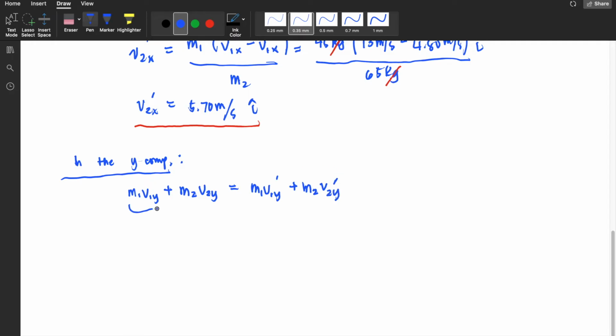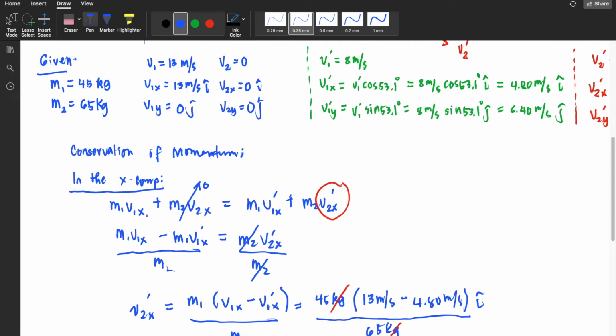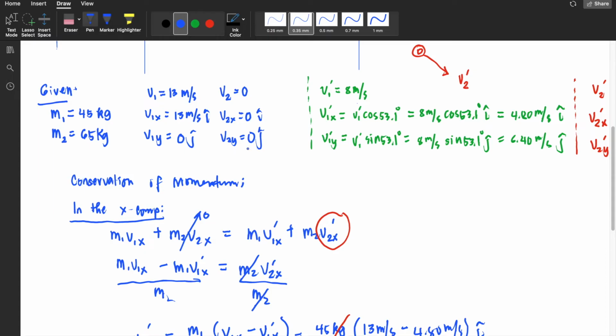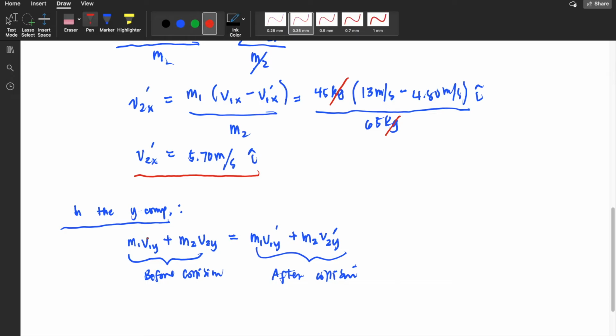Take note that this is before collision, again, I repeat, before collision, and these two are after collision. Here, m1 v1y and m2 v2y are before collision, and if you look at these components, both of them are 0. So the left side of the equation is simply equal to 0. And we're looking for this variable here.